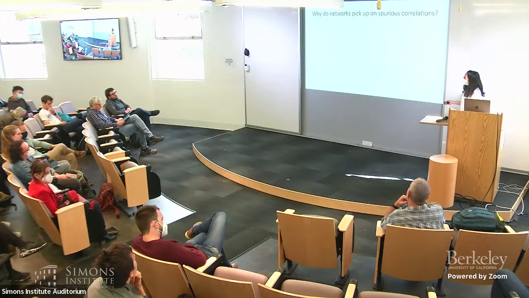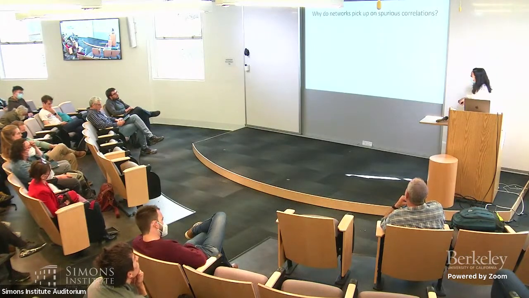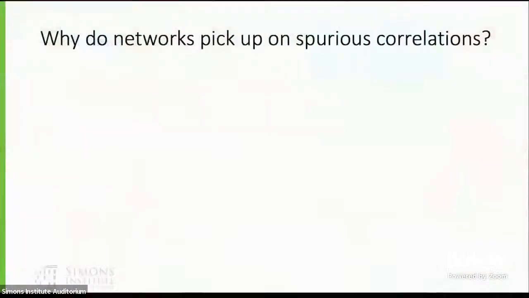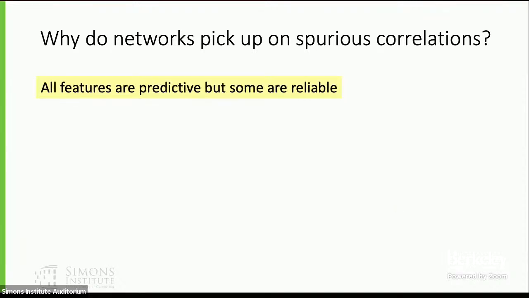Okay. So popping back up, we saw one quick example of what's going on. What's the broader story of why networks pick up on certain correlations that exist in your data set? One of the disadvantages of just collecting a lot of data and throwing it at your model is that there are a lot of features that are actually predictive, but only some of them are reliable.